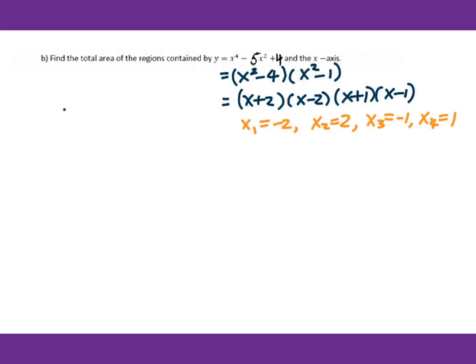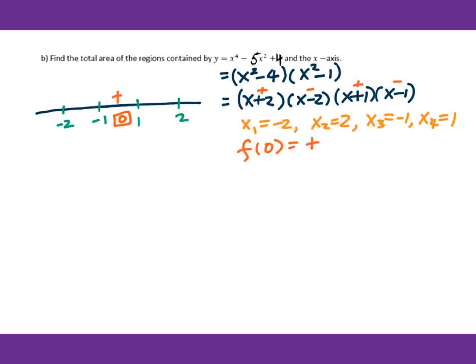So we draw the sign diagram. You will have negative 2, negative 1, 1 and 2. Let's choose 0 as a special number. So f of 0, we plug in. You will get positive, negative, positive, negative. Then multiply. You will get a positive number. So here's positive.